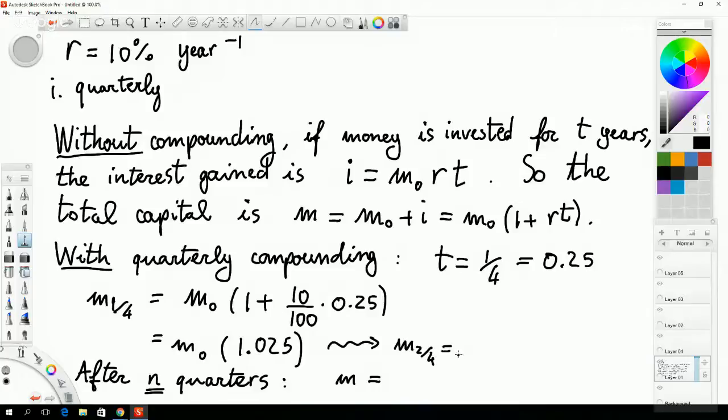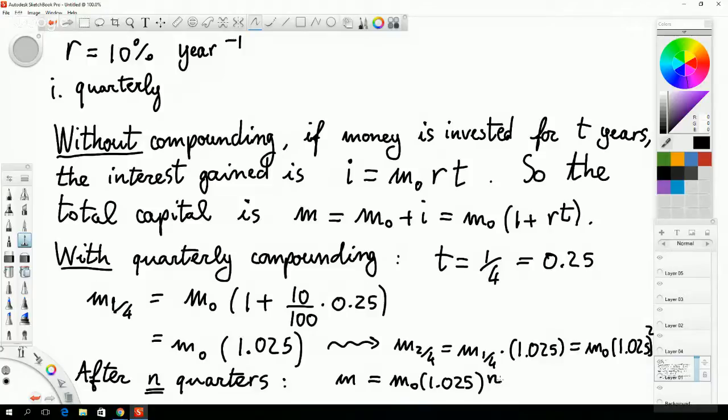It is m of 1 quarter times that very same factor that we just found, which is 1.025. So it is just m naught times 1.025 squared. This means that in general, after n quarters, we have m naught times 1.025 to the power n.